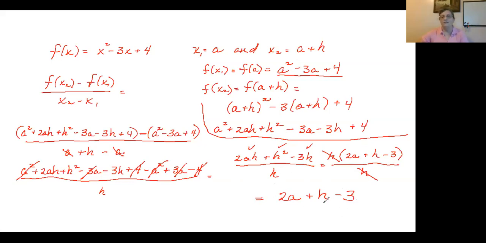Now, not to get you too excited, but this is actually nothing but the slope formula, right? This is just y2 minus y1 over x2 minus x1, but written in such a way that you can apply it to 2 points on any curve, not just necessarily a straight line.